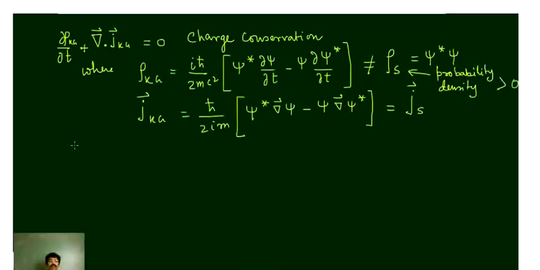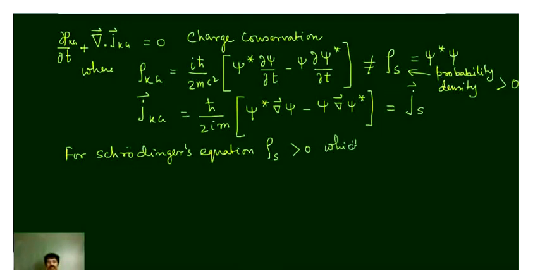Let me write it explicitly. For Schrodinger's equation, rho s is greater than 0, which represents the probability density.